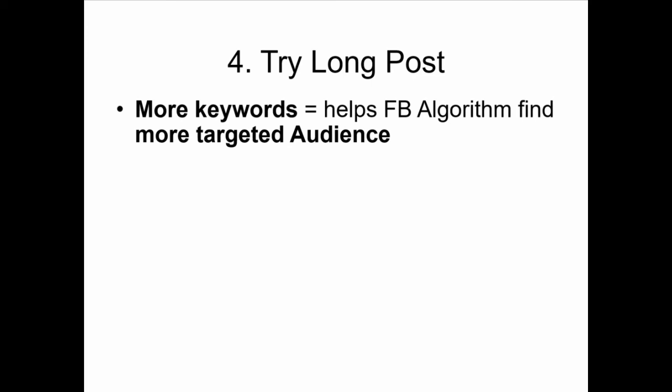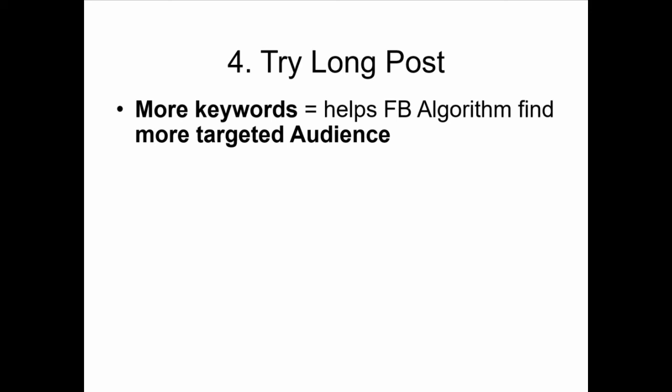Now, tip number 4. Try out long posts. So this might sound counterintuitive because a lot of people that try running Facebook ads for the first time might intuitively think that running a short ad is a lot better because of people's short attention span. We find that writing long posts actually helps get a more targeted audience. Why would that be the case?